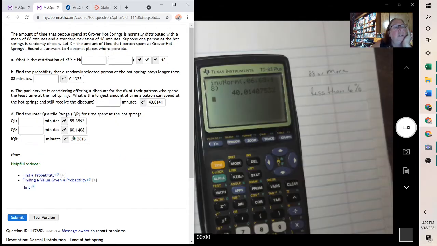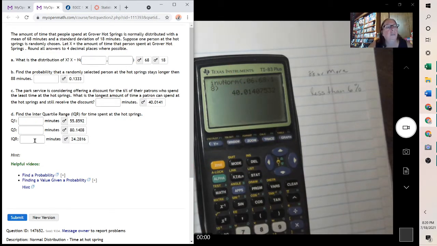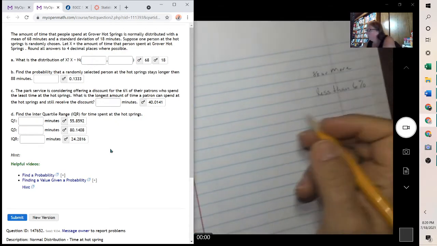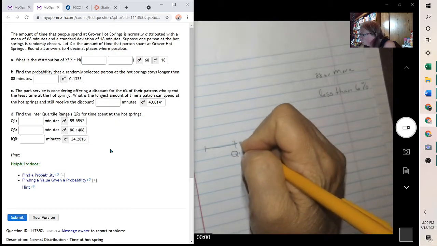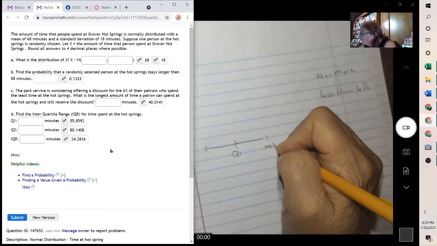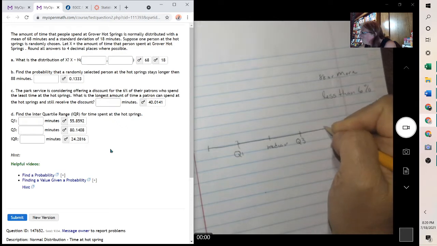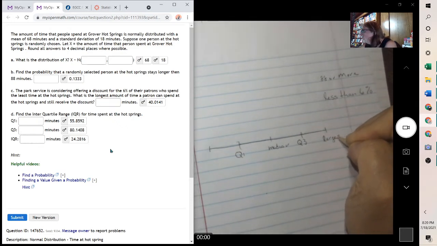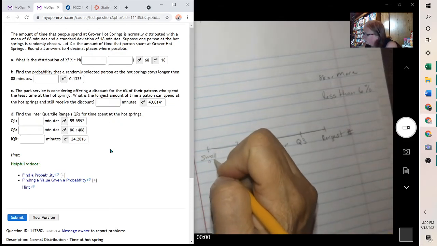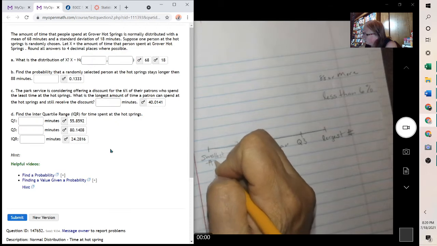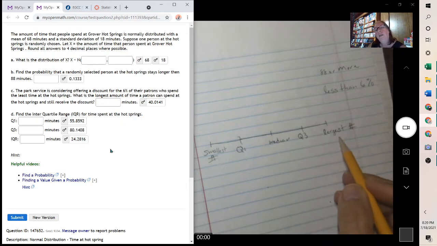For the quartiles, you're also using the same inverse norm, and you're using the percent below. Now when you have your quartiles, it's your 5-number summary. So you have your smallest number, your first quartile, your median, the third quartile, and your largest number.